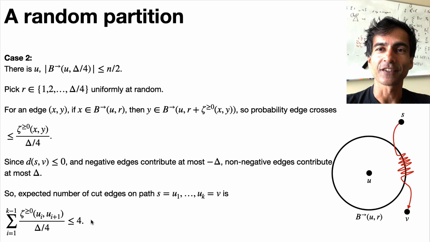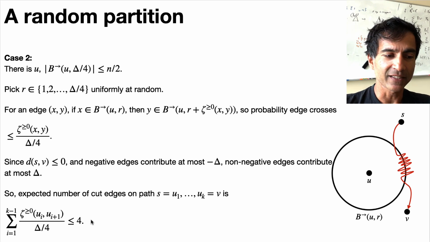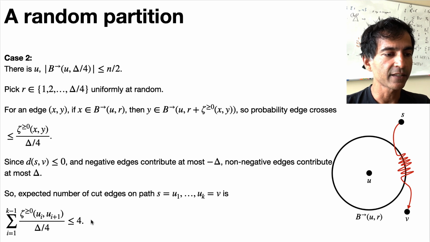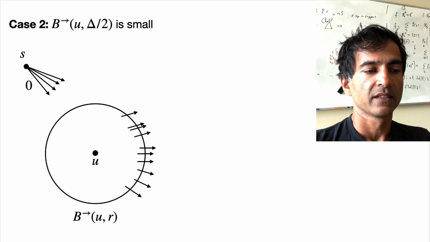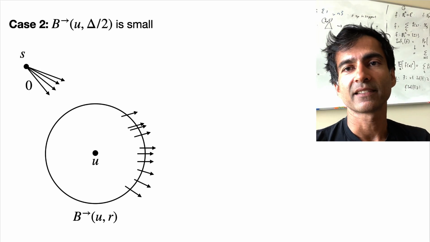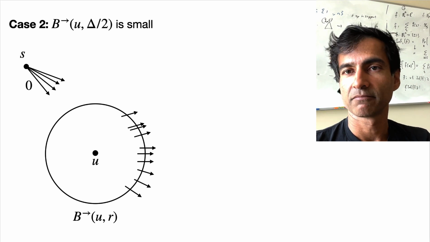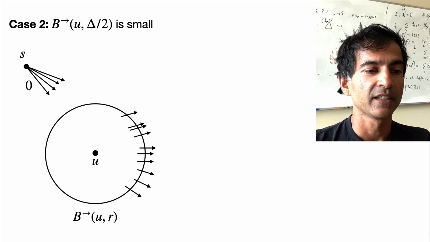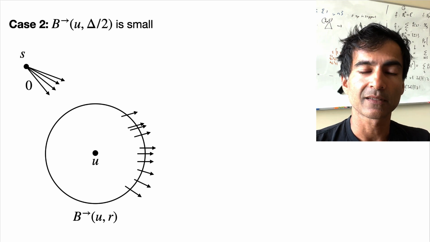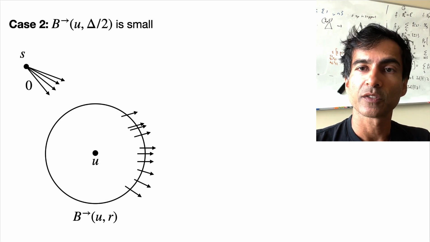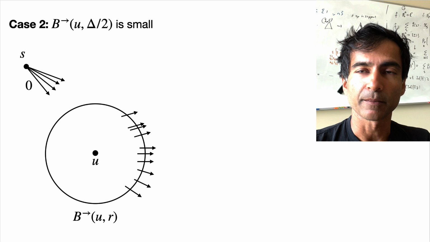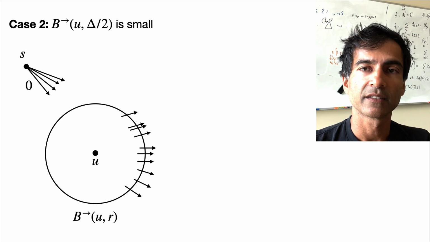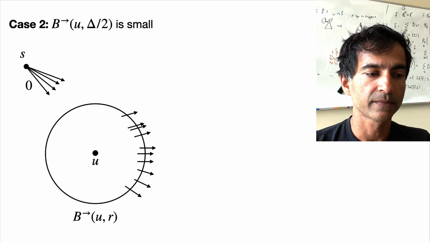Okay, so those are some very clever ideas. Putting all of these ideas together, we get the following approach. If all of the balls are large, then we just recurse with a smaller parameter of delta. If, on the other hand, some ball is small, then we pick a random radius r and pick the ball of radius r around u.